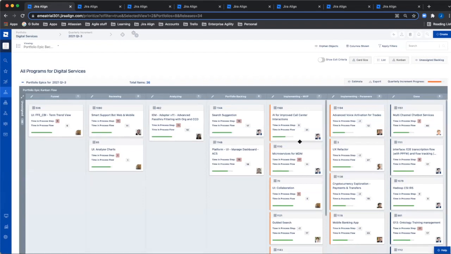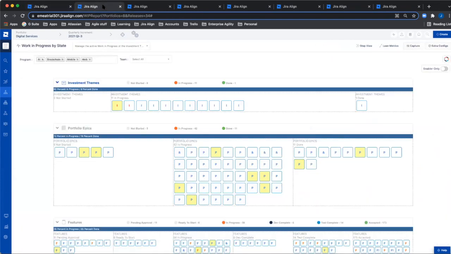Now that we understand the process flow, a couple of things to understand, starting with work in progress. A great report in Jira Align to understand work in progress for items is the work in progress by state. What we're seeing here are various portfolio initiatives that are contributing to different investment themes.